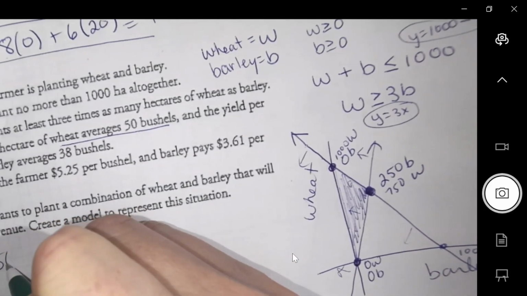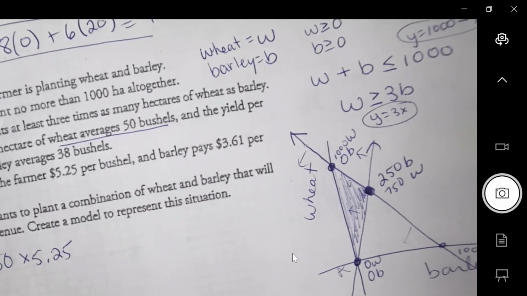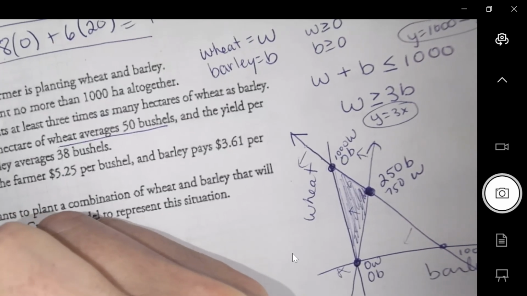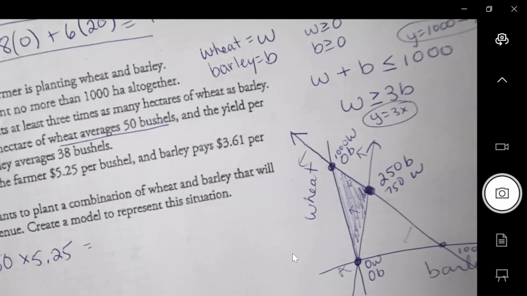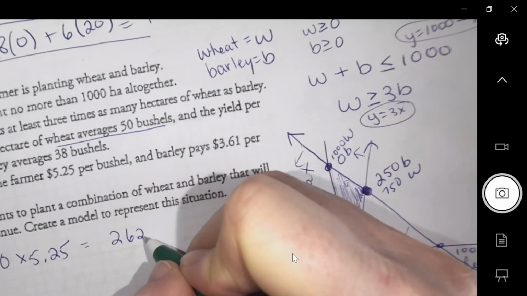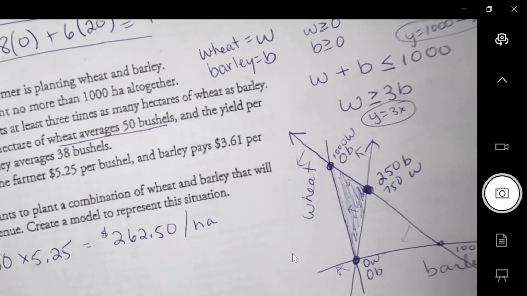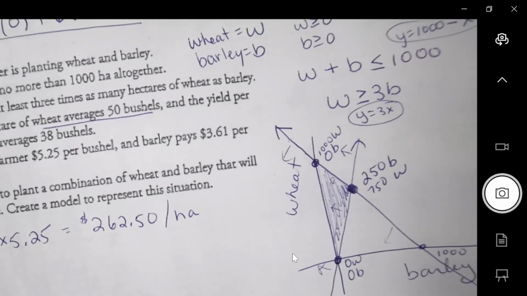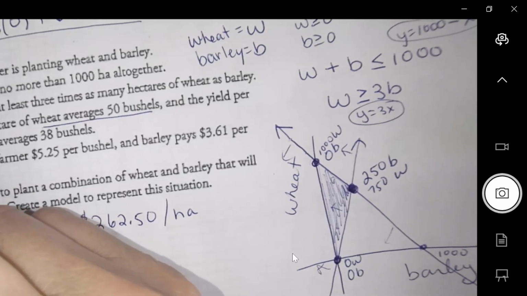So 50 bushels times $5.25, this is the wheat. Every hectare will make you how much money? Every hectare of wheat would make that much money because it's your bushels times your price. Can you do the same with barley then?